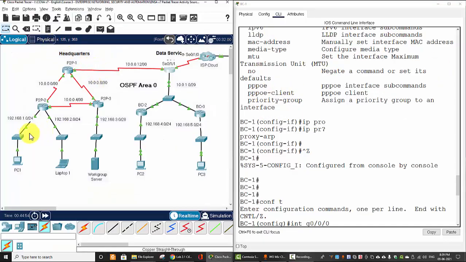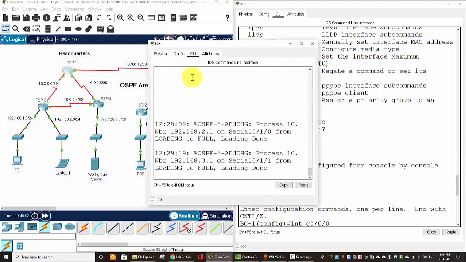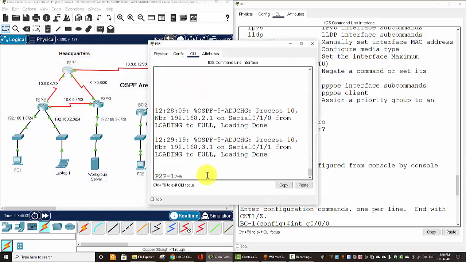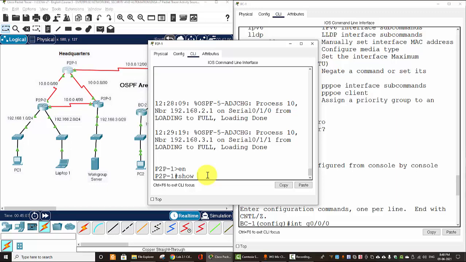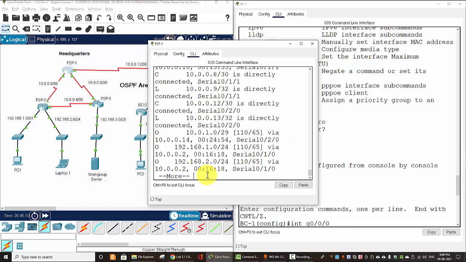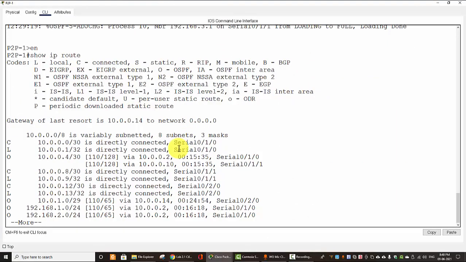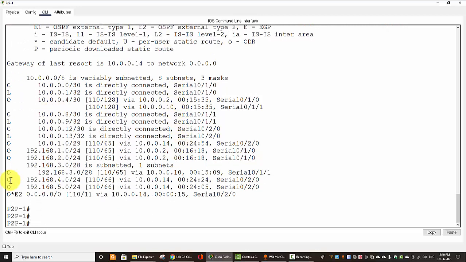Then we check whether that information is propagated to P2P1, show IP route. And here we can see we have the default route from BC1 through the OSPF message.